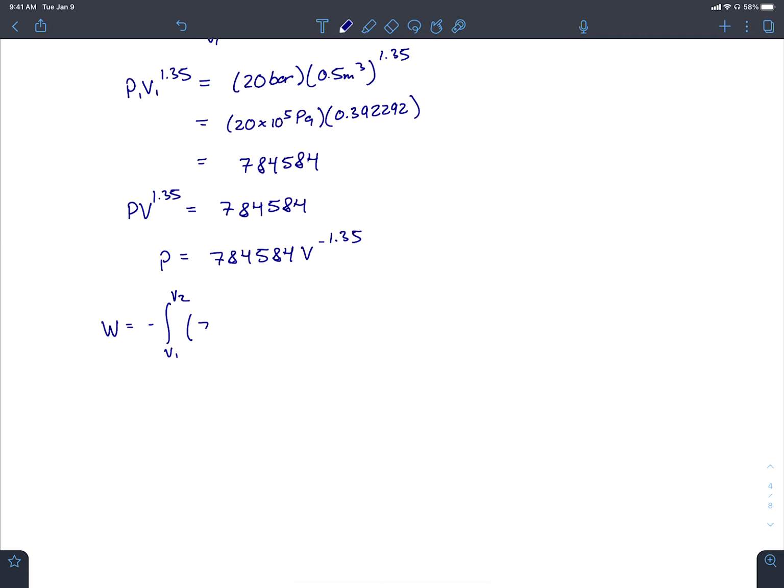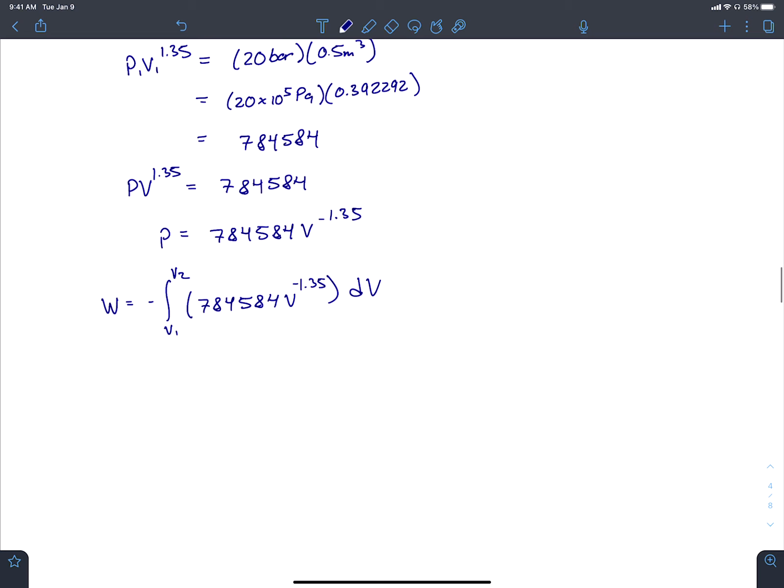We're going to plug in our P, which we just solved for, 7.84584 V to the negative 1.35 dV. And then just taking the constant out in front, we have negative 7.84584 times our integrand, which is 1 over V to the 1.35 dV.